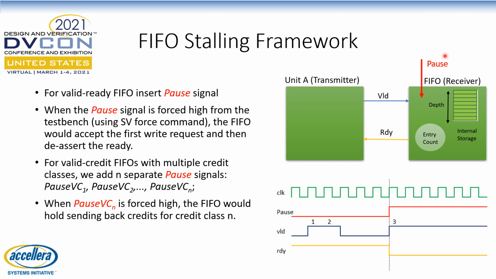And for valid credit FIFOs with separate credit classes, if there are N credit classes, we introduce N pause signals, pause VC1, pause VC2, up to pause VCN. And the behavior is such that whenever pause VCN is asserted through some SystemVerilog force command, the FIFO stops returning credit for that credit class.